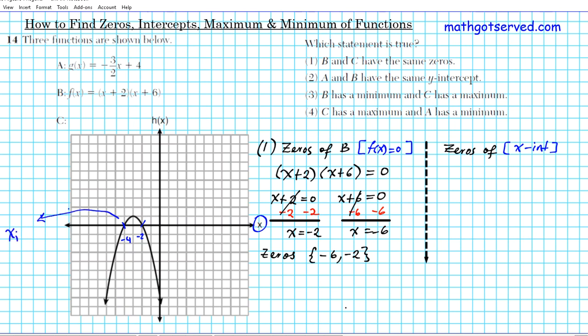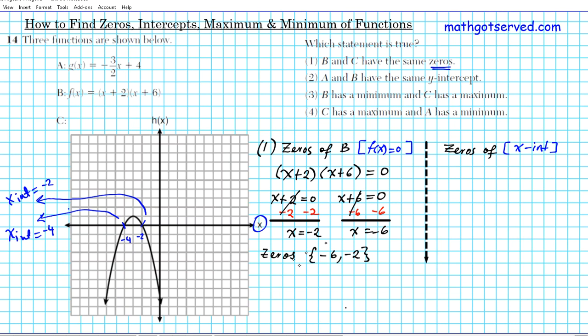So this x-intercept is -4, and then this x-intercept right here is -2. So guess what? Your x-intercepts are exactly the same thing as your zeros. It's called zeros because at that particular point h of x has a 0 value.